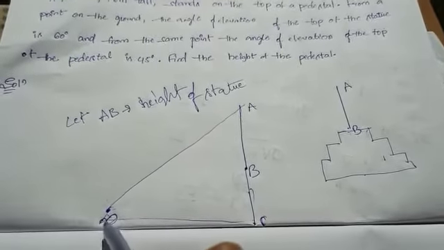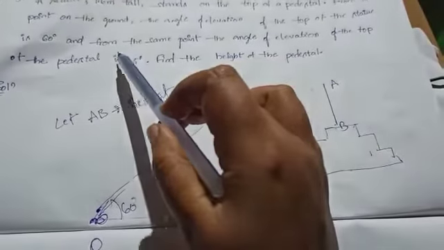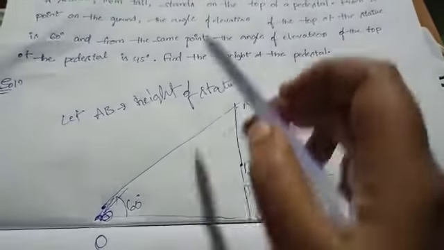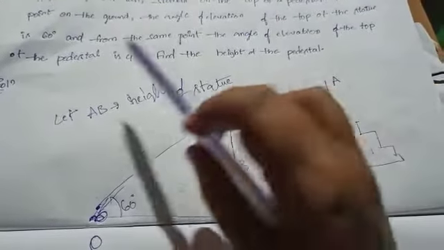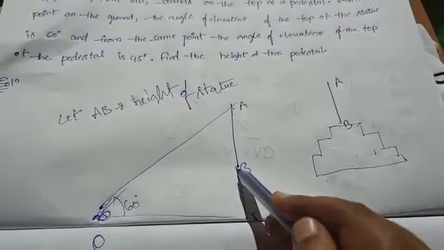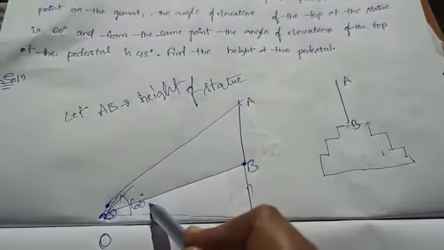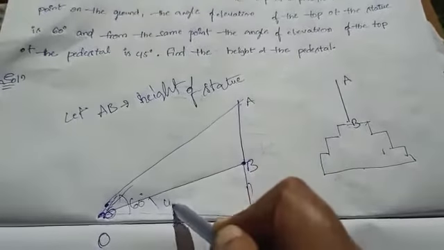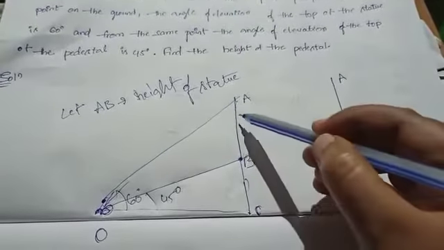This is the point O. And from the same point O, the angle of elevation of the top of the pedestal, the top of the pedestal is B, makes an angle of 45 degrees. Okay, find the height of the pedestal.